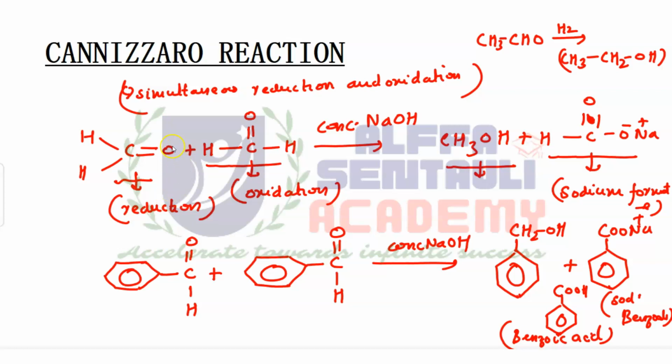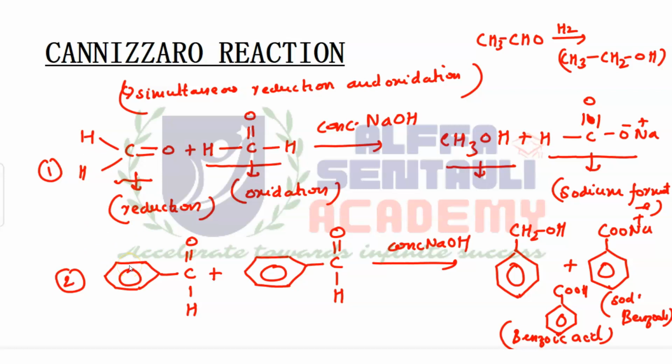Example of cross Cannizzaro reaction: you can take one molecule of formaldehyde and another molecule, benzaldehyde. These two molecules are different, but they have no alpha hydrogen atom. On combination, what will happen?